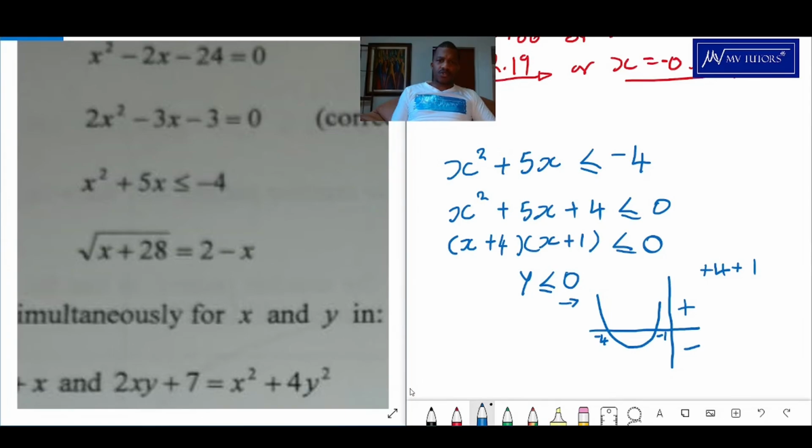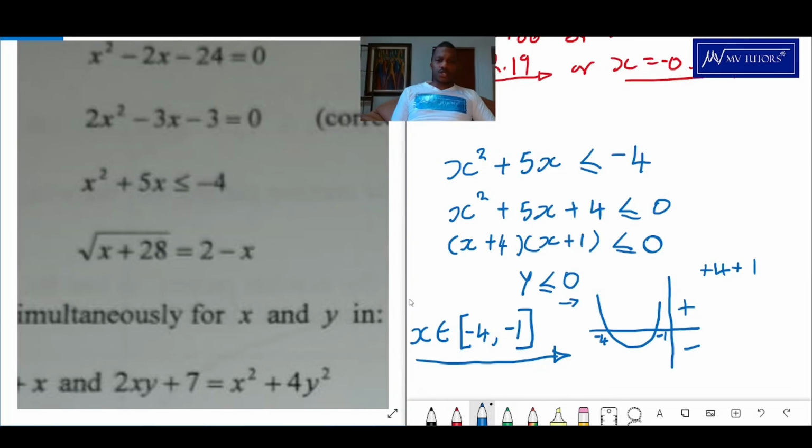So for our answer, we're going to say x is an element of, square bracket, because there's an equal sign there, from -4, that's where we start being negative, and then all the way to -1, square bracket as well, and after -1 we're back on the positive side. So this is our final answer right there.